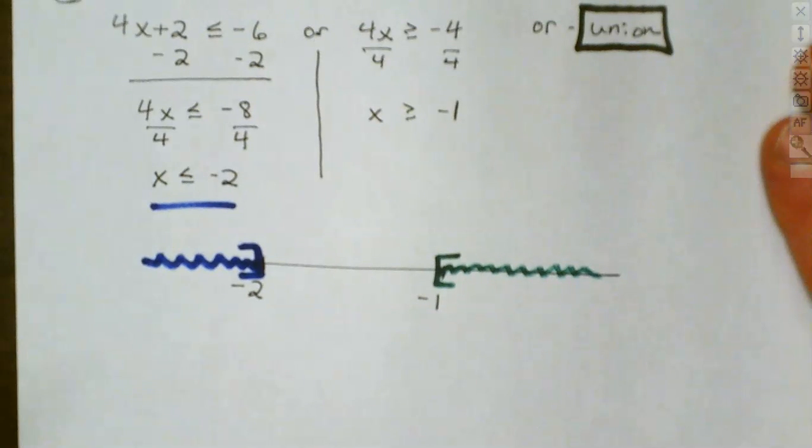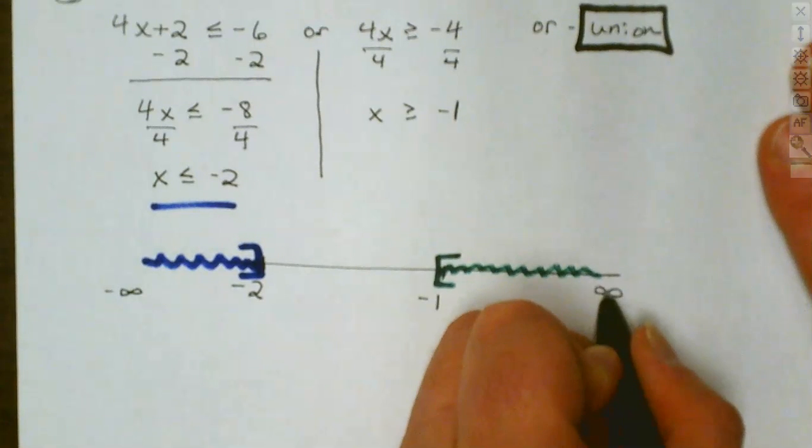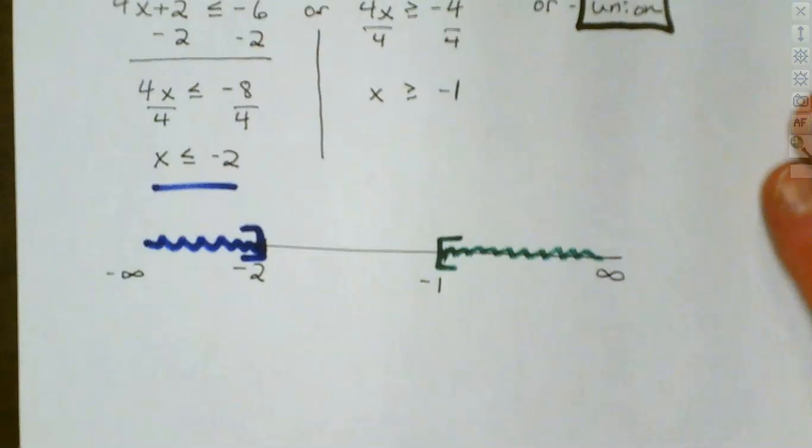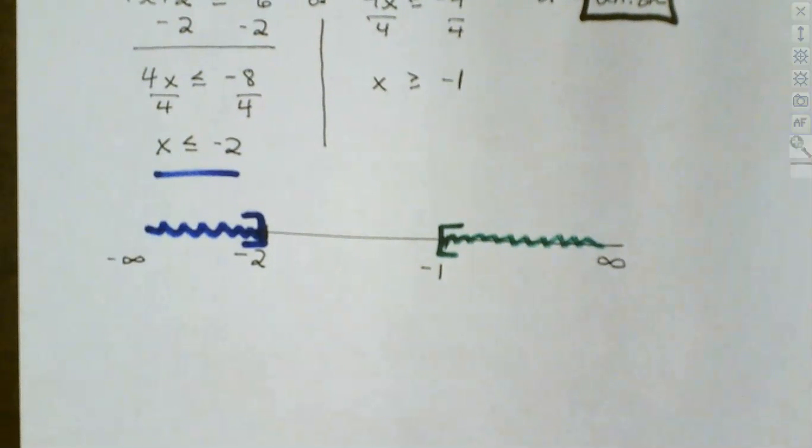How do we put them together? Well, this is negative infinity on the left. This is positive infinity on the right. Now, when we put these together, we use a U for union. We can't use a plus symbol in sets, so we have to use a union.